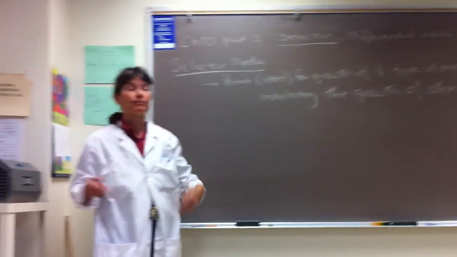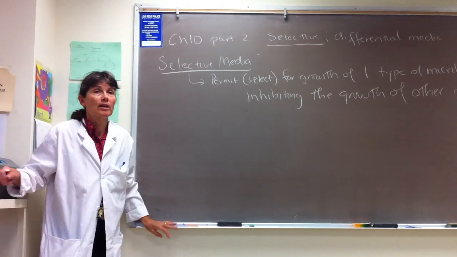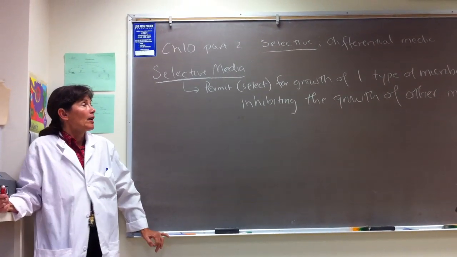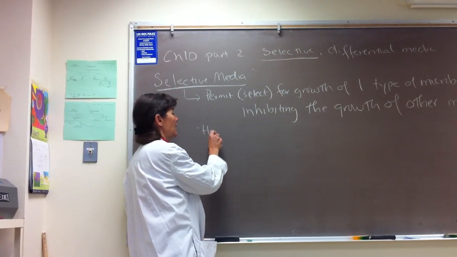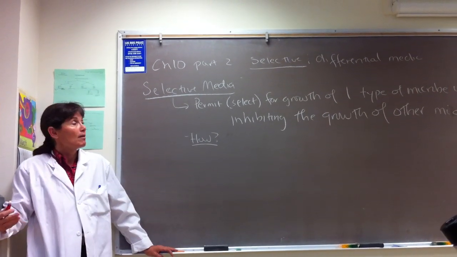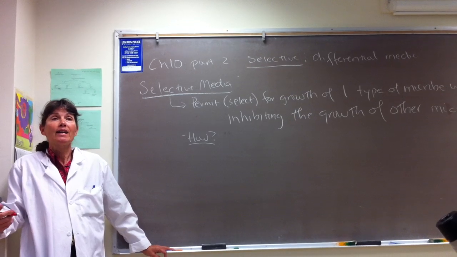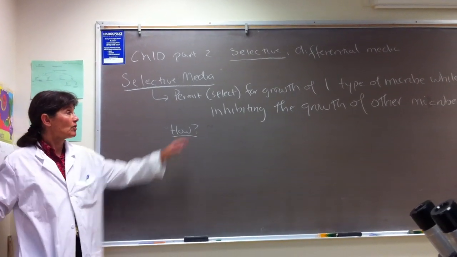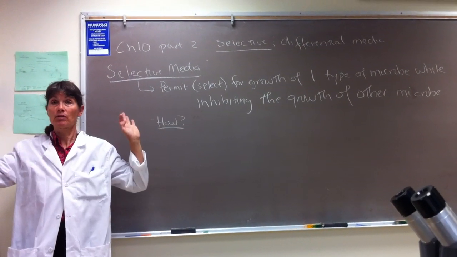They're opposite in meaning. Now the way most selective media work is, how are we going to select for a specific group of microbes? The way most selective media works is we add inhibitors in the media that will stop the growth of all the microbes we're not interested in.